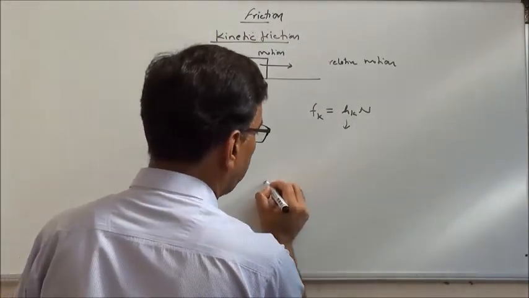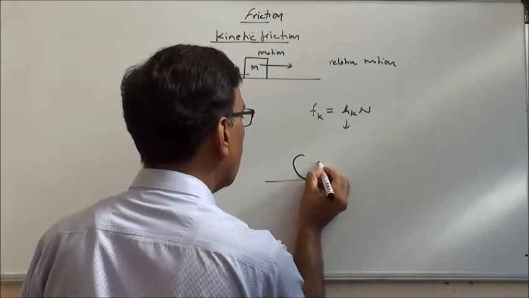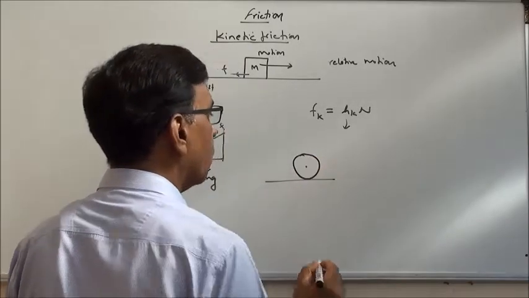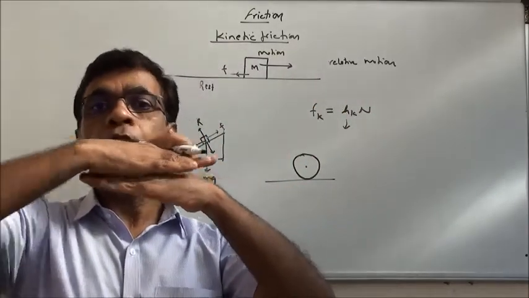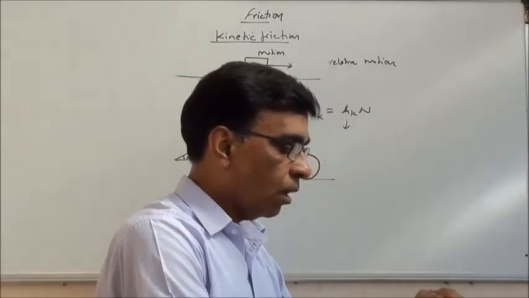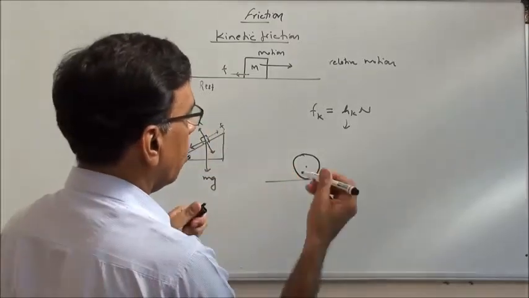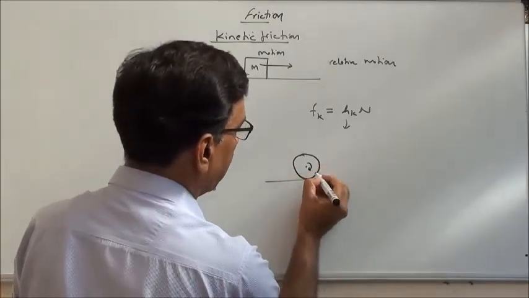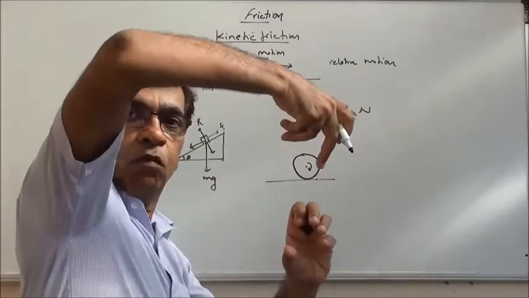There is another type of frictional force which we call rolling friction. In rolling friction, the body does not slide on the lower surface. What happens in this actually? If I roll this, a point comes in contact with this surface and then moves up.